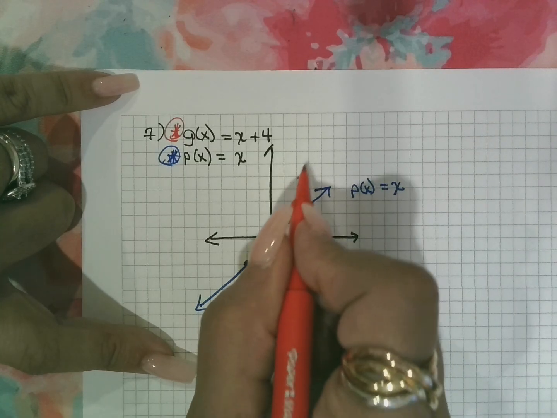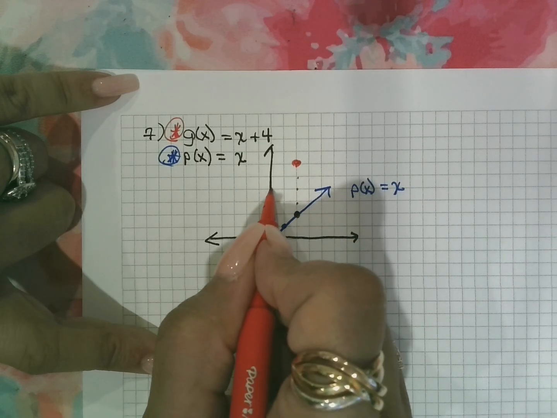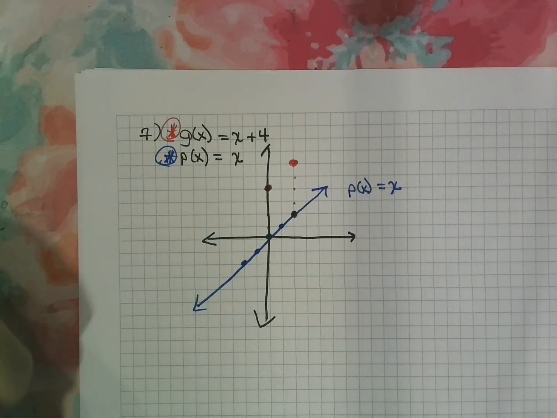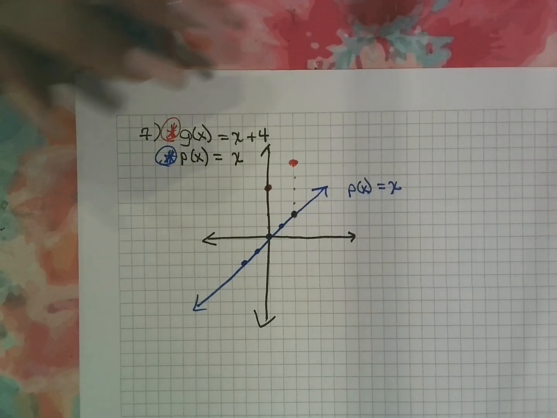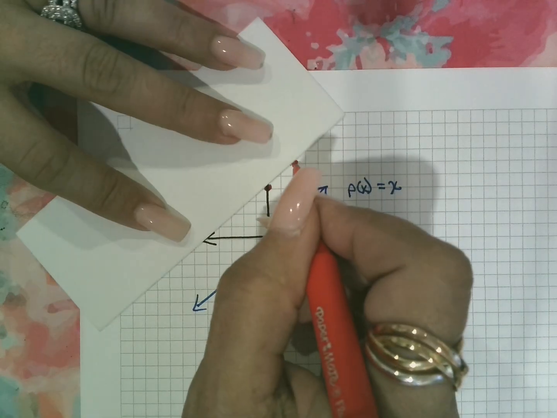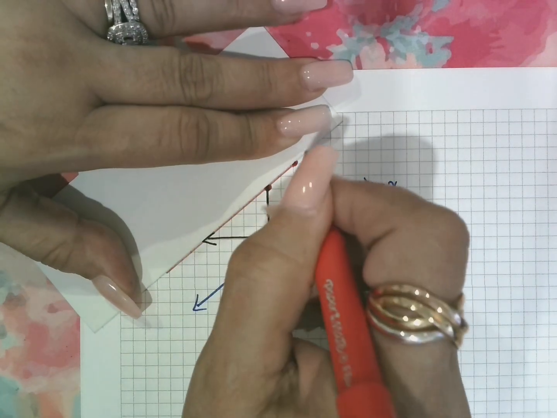1, 2, 3, 4, and 1, 2, 3, 4. The minute you have 2 points, you have a line. So let me see if I can get something that's got a straight edge on it. Connect those 2 points and you're done.